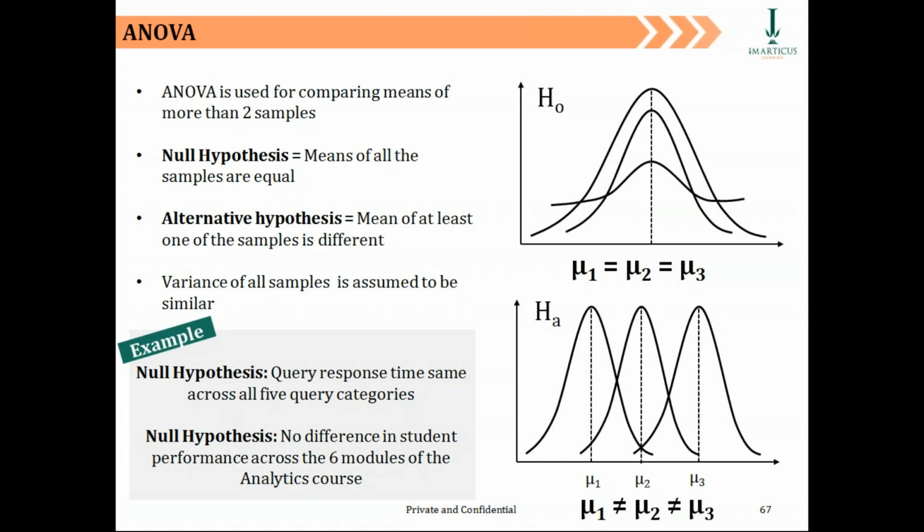So it is coming from the same family, no big difference. The null hypothesis is that the means of all the samples are equal. The alternative hypothesis is that the means of all the samples are different.